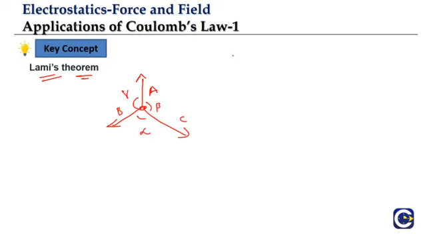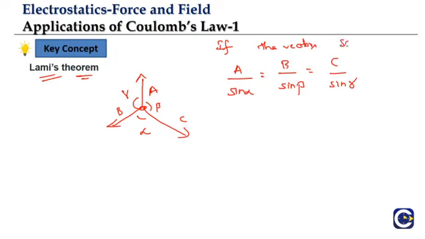If the vectors meet the condition A by sine alpha equals B by sine beta equals C by sine gamma, this is the condition that they have to satisfy.